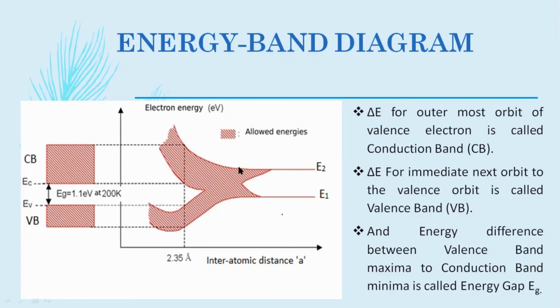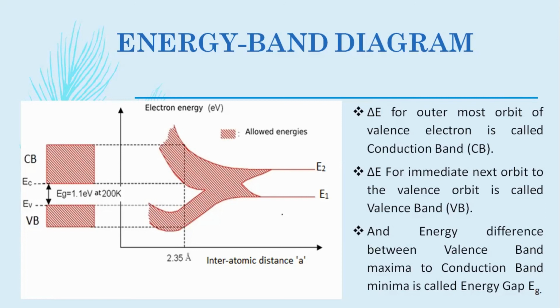So ultimately, if we summarize the entire thing here, the valence band is basically the allowed energy range for any electron moving in the outermost orbit.